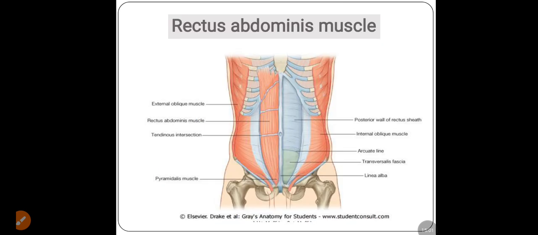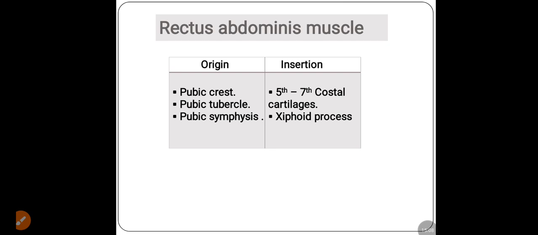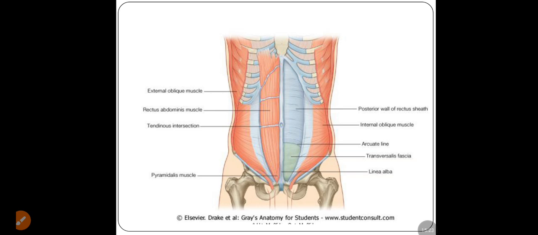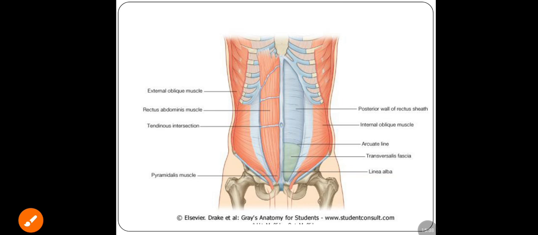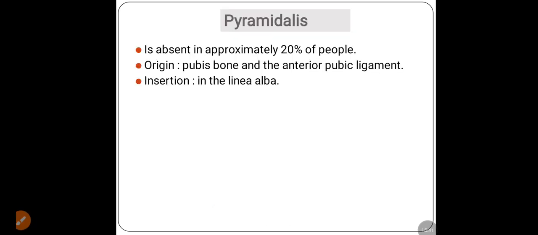Rectus abdominis is present in the midline only, not throughout the abdomen, just in the midline. This rectus abdominis muscle originates inferiorly from the pubic crest, pubic tubercle, symphysis pubis, and is inserted into the costal cartilage from the 5th to the 7th. Here is the rectus abdominis muscle originating inferiorly from pubic crest and symphysis pubis, inserted superiorly in the costal cartilage from the 5th to the 7th.